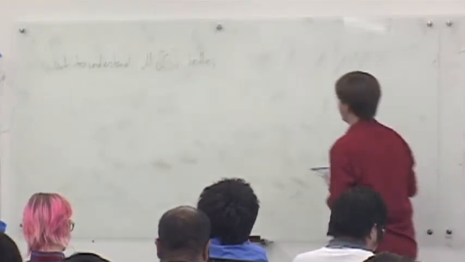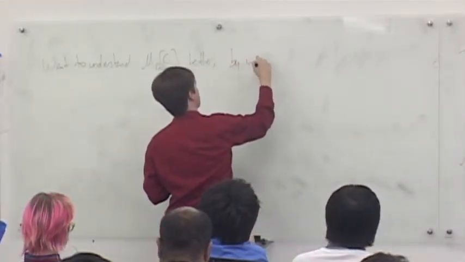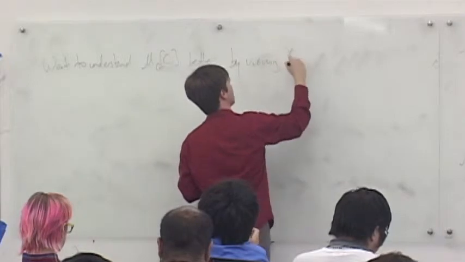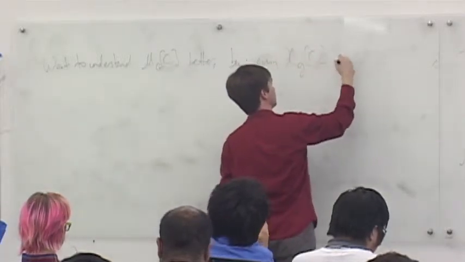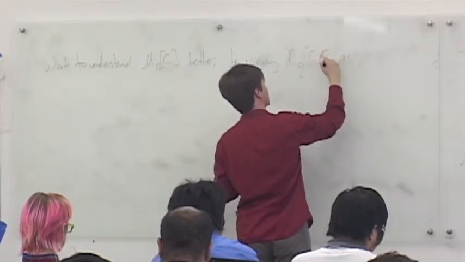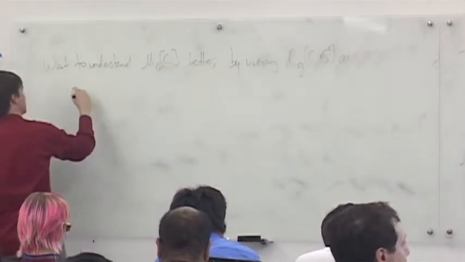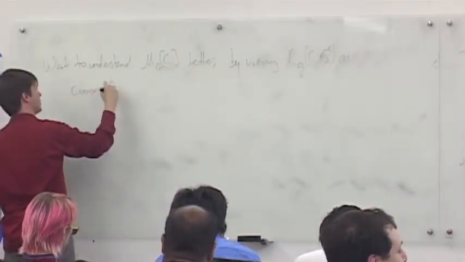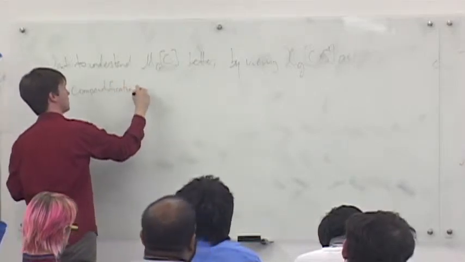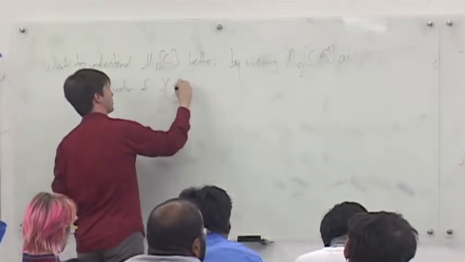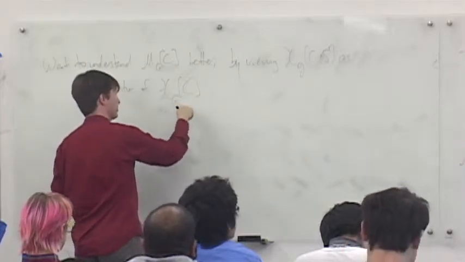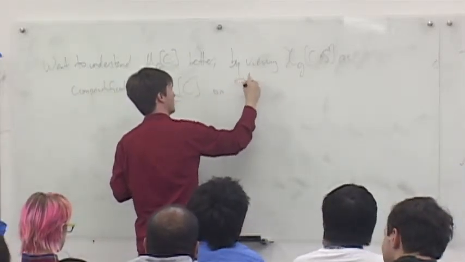The way we want to understand it is by viewing this theory, X_G of C cross S1, now as the compactification of, so now we start with this four-dimensional theory, and compactify it on S1.